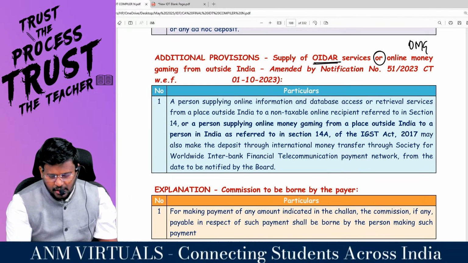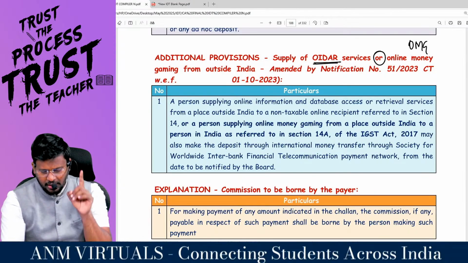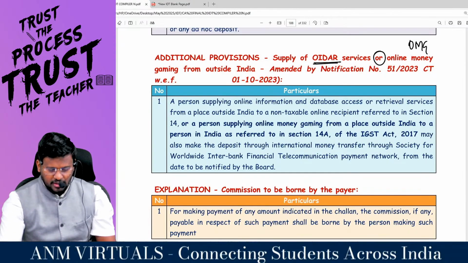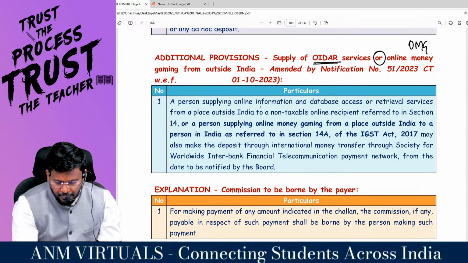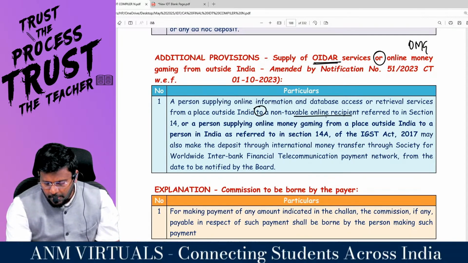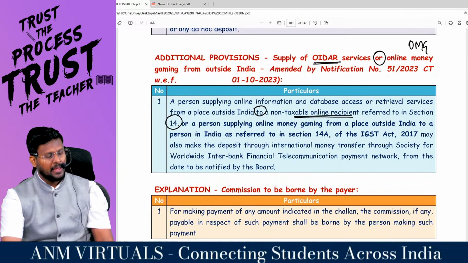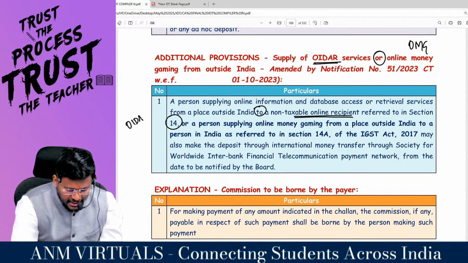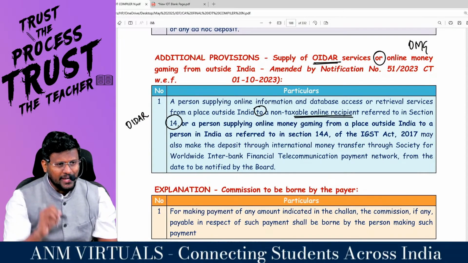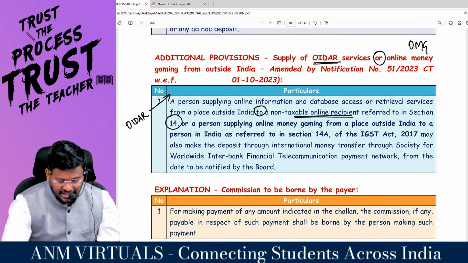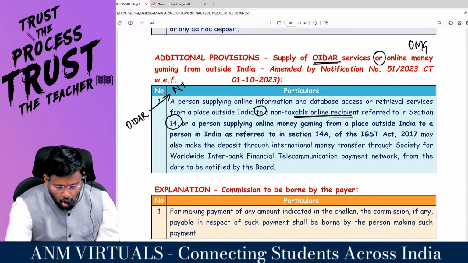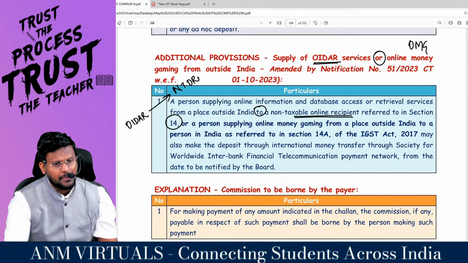A person supplying online information, and data access or retrieval services from a place outside India to a non-taxable online recipient referred to in section 14. That is, the OIDAR supplier is situated outside India and is supplying to a non-taxable online recipient.